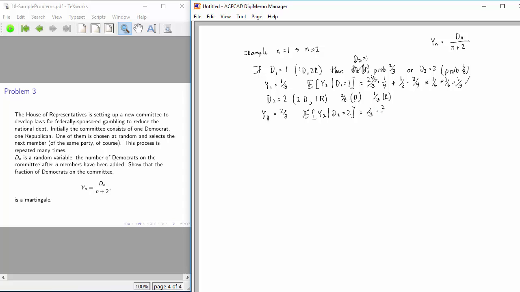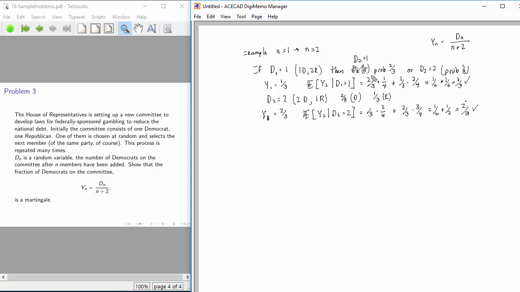In that case, there will be 2 Democrats out of 4. There's a 2/3 probability that the Democrats get to pick the new member, in which case there are 3 Democrats out of 4, so the proportion of Democrats is a 6th plus a half, which is equal to 2/3.